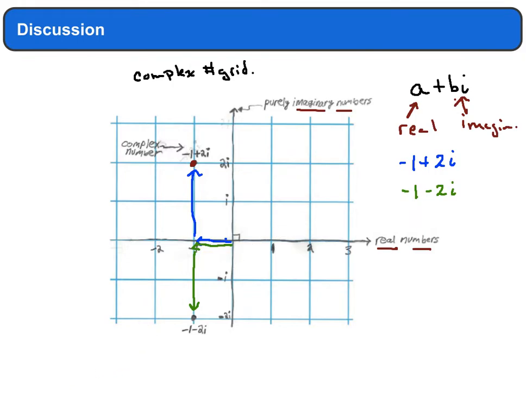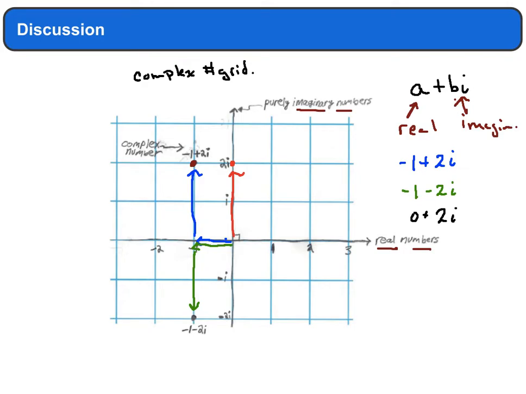So, if we looked at, say, another example, if I just said purely 2i, that doesn't mean there isn't a real part there. It would be a 0 in the front. So if we graph that, that means we wouldn't go left or right. We would literally go straight up on the imaginary axis to 2i, and we would put a dot.